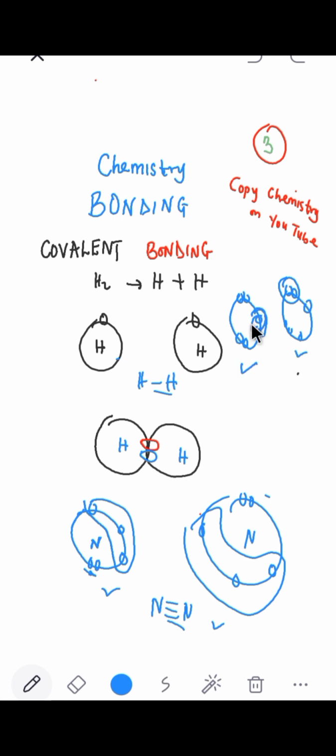If I add 4 from here with this 4 here, I'll get 8. So oxygen contributes 2 each, meaning I have a double bond. Nitrogen contributes 3 each, meaning a triple bond. So this O to O double bond would turn out like this.